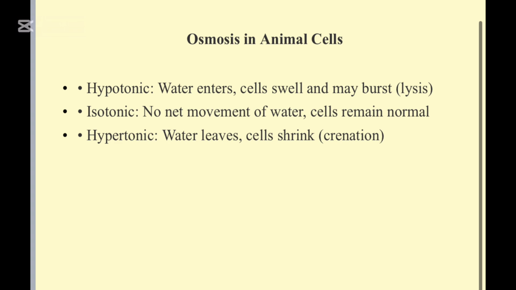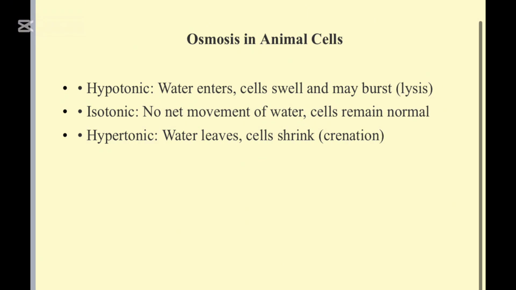That is called lysis. The bursting of the red blood cell is known as hemolysis. Because when an animal cell is placed in a hypotonic solution, number one, water enters; number two, the cell swells; and number three, it bursts.